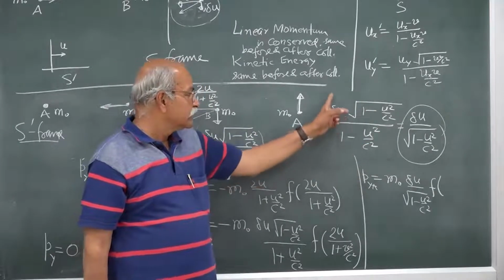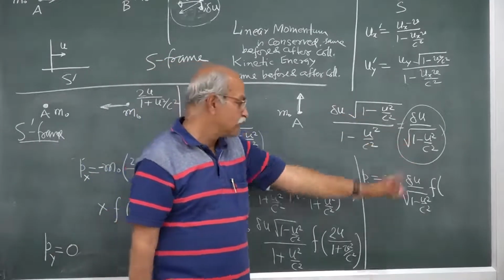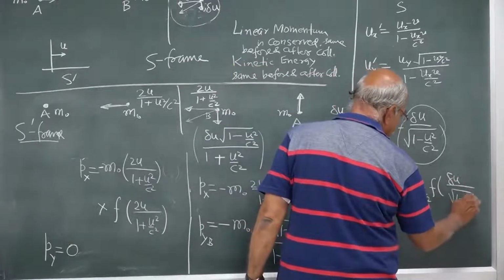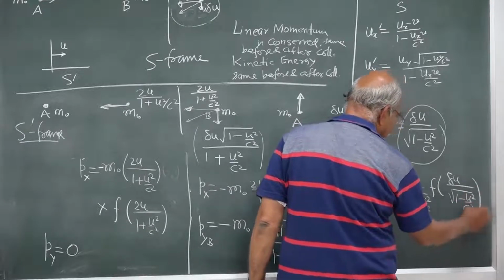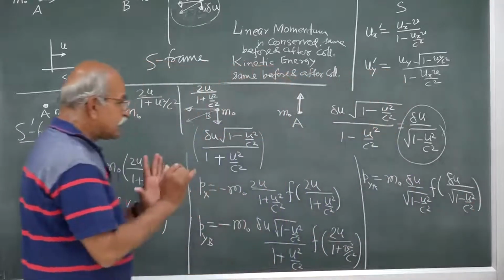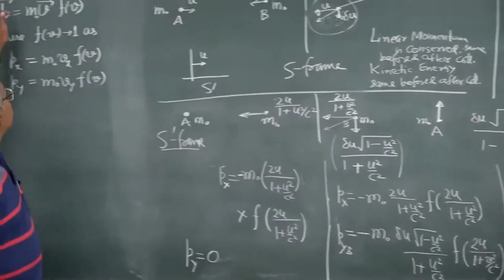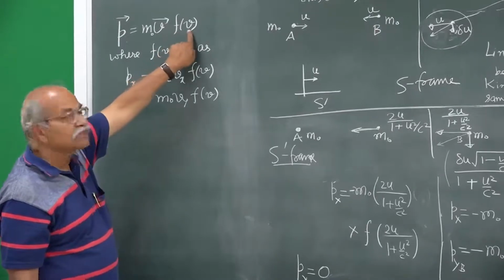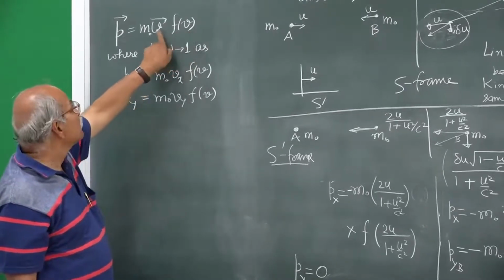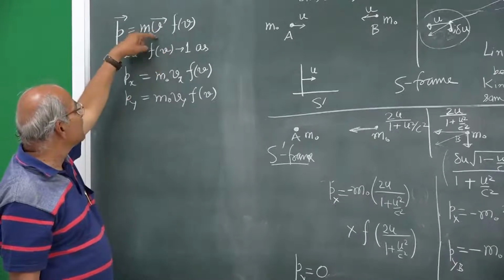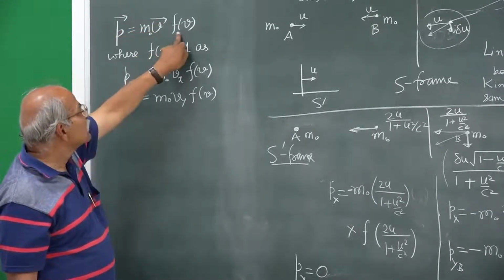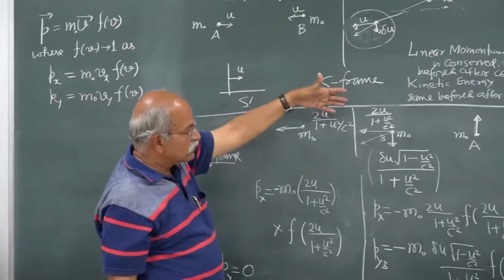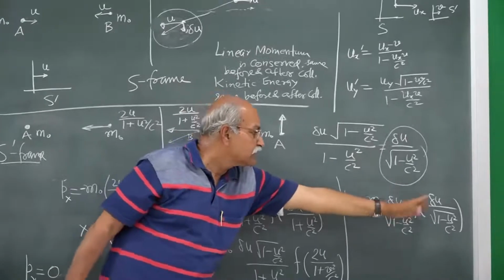This is the speed, and we should write that delta u by square root 1 minus u square by c square. So consistently I am using this definition chosen: p is m naught v and then function of the speed. So for the x component, this v becomes vx, for the y component, this v becomes vy, and this remains f of speed. So here the speed is this much, so it is a function of this.